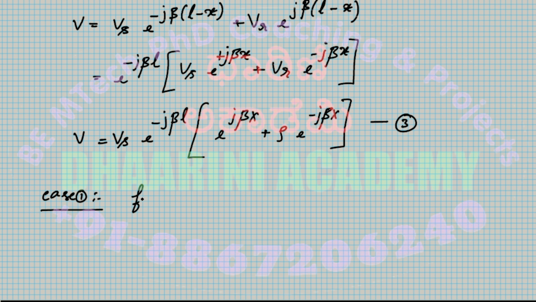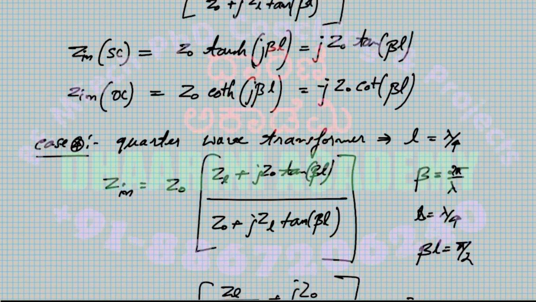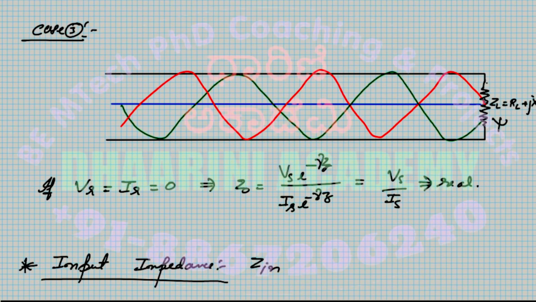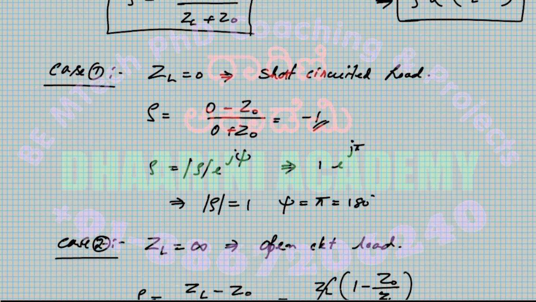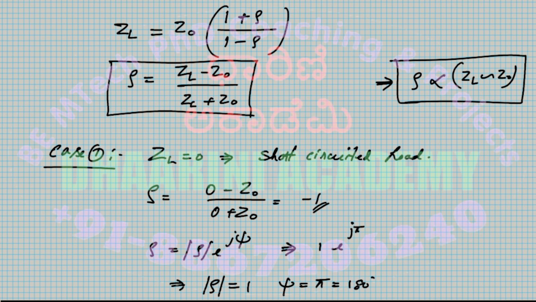What can you tell me, what is the rho value for a short circuited line? For a short circuited line, this is what we know. In case 1, you can see, rho is equal to -1.